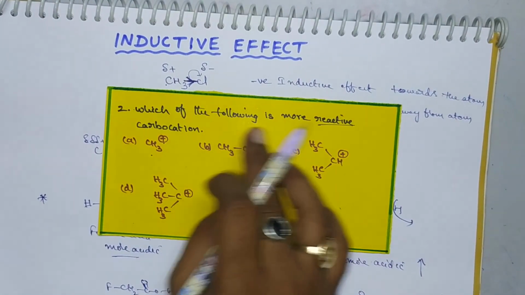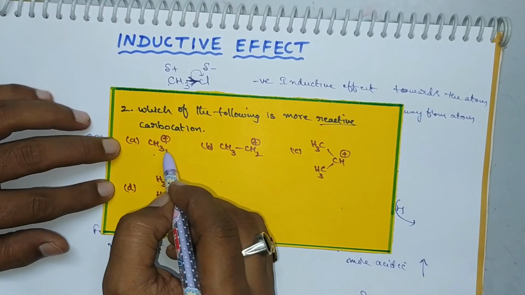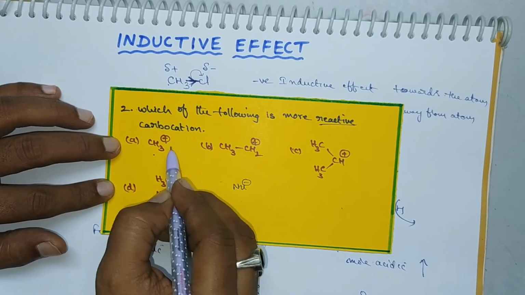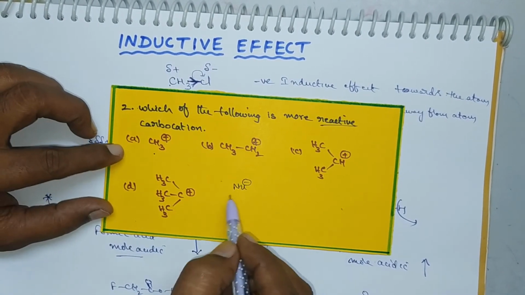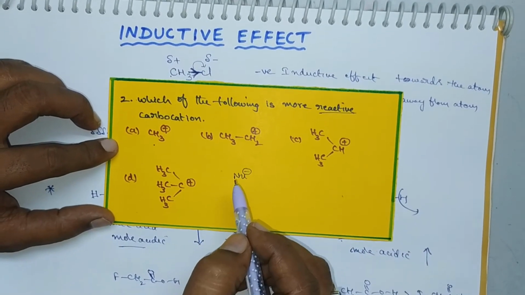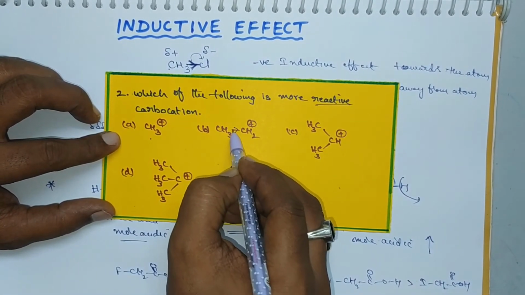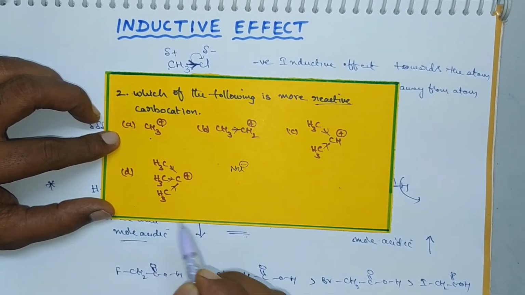So which of the following is more reactive? More reactive means the carbocation reacts with a nucleophilic center. So the nucleophile will attack on any one of these carbocations. So which one can be easily attacked by this nucleophile? So let us check. Here there is no plus effect. Here CH3 is there. Here 2 plus affecting groups are there. Here 3 plus affecting groups are there.